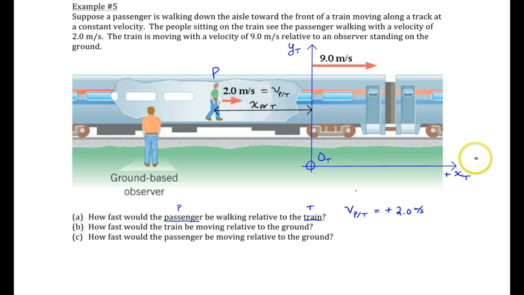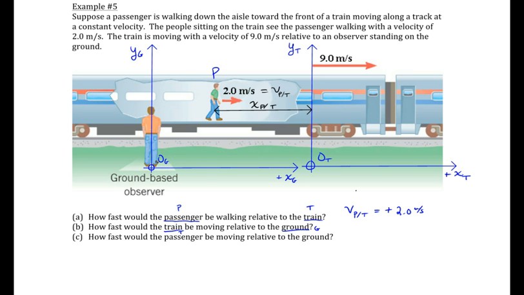And we're going to write positive 2 meters per second because we're going to be assuming to the right is positive along our x-axis. In part B, we're asked how fast is the train, T, moving relative to the ground, G. So in this case, we will have to establish another frame of reference for the ground, G, with origin O sub G. And there's my coordinate axis with the origin located right here.